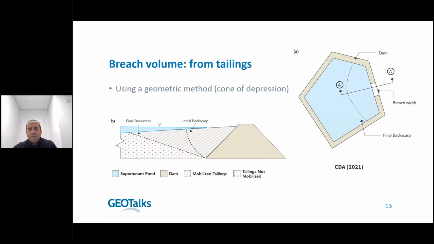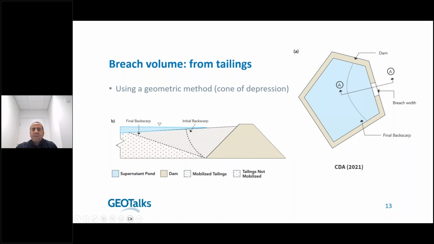As I mentioned, the Canadian Dam Association has a guideline for calculation of breach volume, and its geometric method is also named cone of depression. In this case, based on the location of the dam, there is a specific radius which is determined from the rheological characteristics of the tailings.